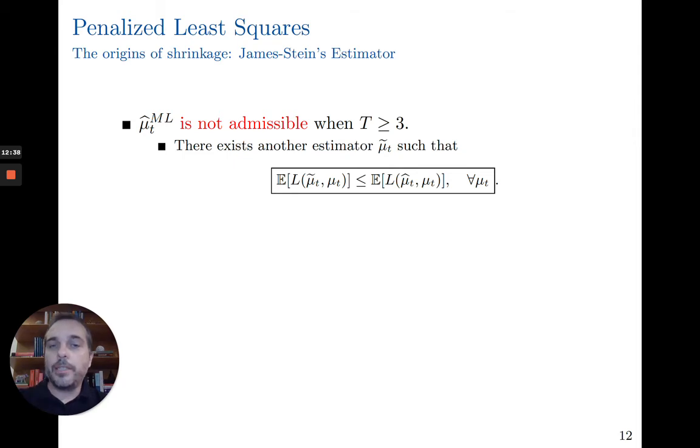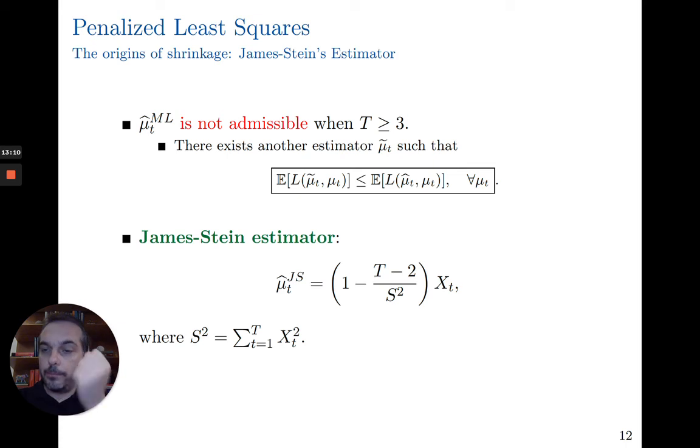There is another estimator, mu tilde, such that the risk of mu tilde will be less or equal than mu hat. So basically we're saying that we can improve our estimator for the specific loss that we have chosen. Okay?